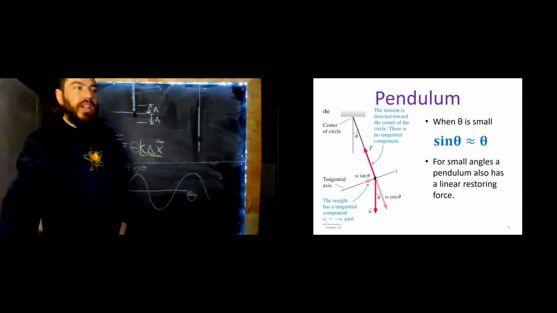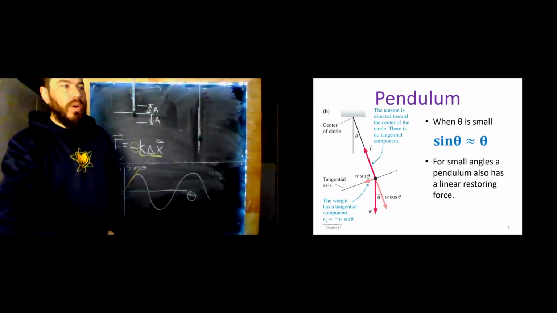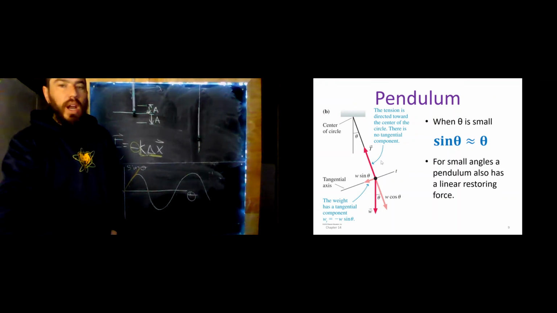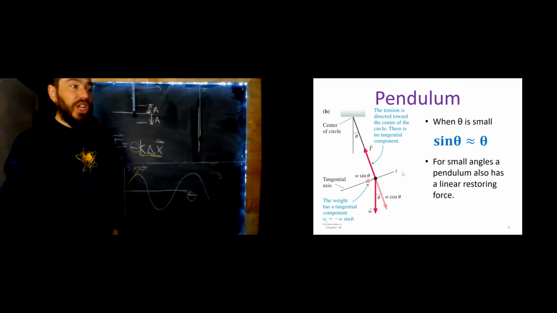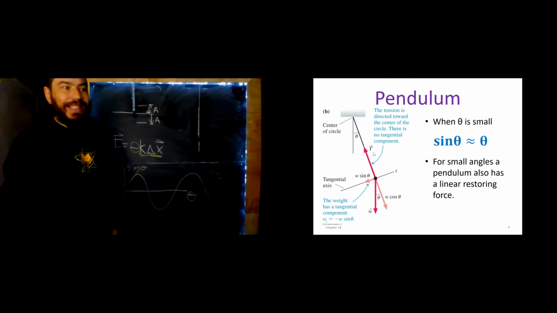And what is the restoring force? Well, we could set up a coordinate system here where we have a tangential axis and a radial axis. Maybe we'd call this the y direction, and this here the x direction. And so we could break the weight down into components. In the x direction, or the tangential direction, we would have w sine theta. And in the radial direction, or the y direction here, we would have w cosine theta.